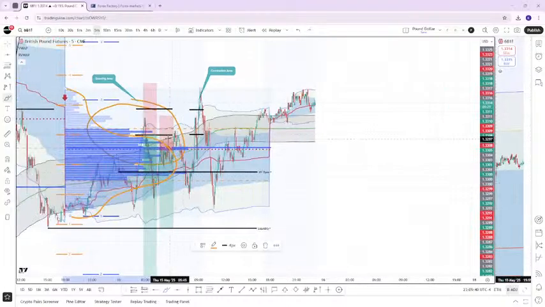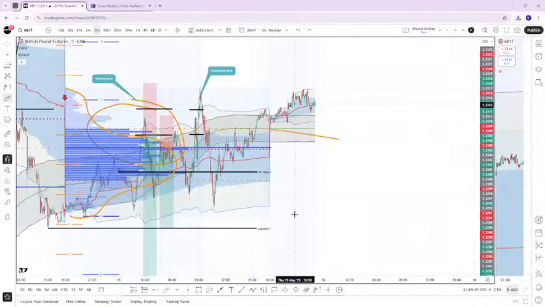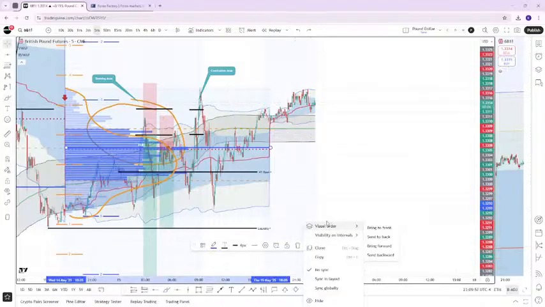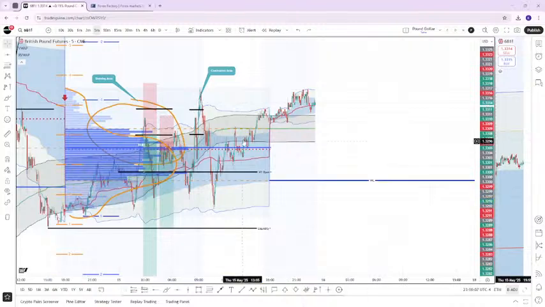So these value area low and high look to hold, or hold outside, sorry. Let's throw that in. Value area low, volume profile, and then value area high. Let's clone that one.